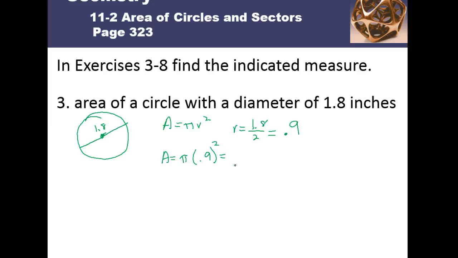Squared. Yep, 0.81. So my exact answer would be 0.81 pi. And then my approximation would be 0.81 times the pi button on my calculator. And we get 2.5. And this is inches, so it would be 2.5 square inches.